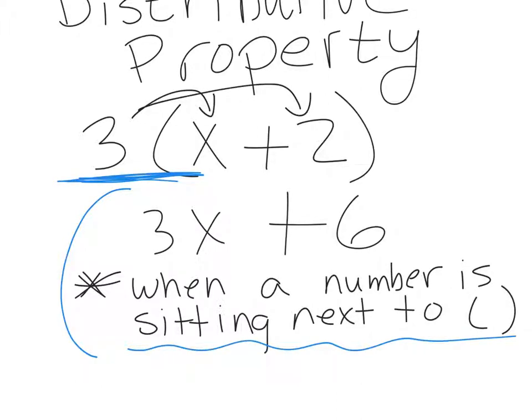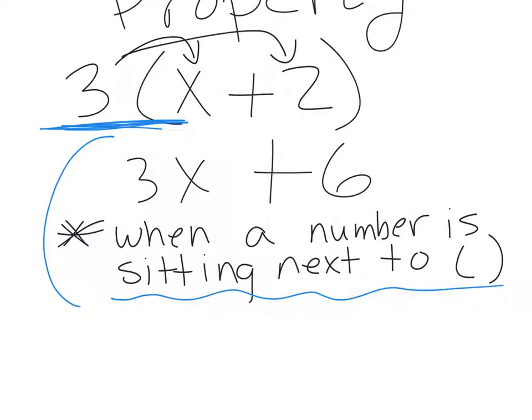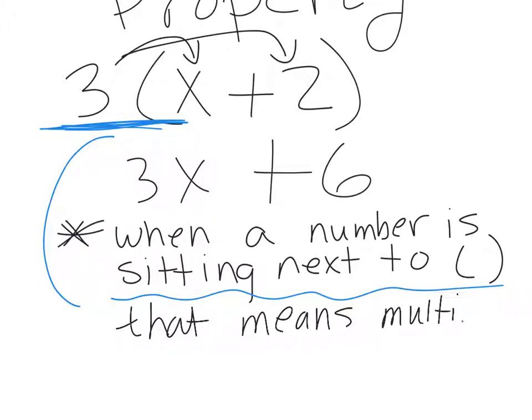See that 3 sitting there? There's nothing in between it. No adding, no subtracting, no nothing. That implies multiplication. So when a number is sitting next to the parentheses, that means multiply. So, ma'am, you are totally right. I saw a lot of right people without me having to tell you. Okay, so that implies multiplication.